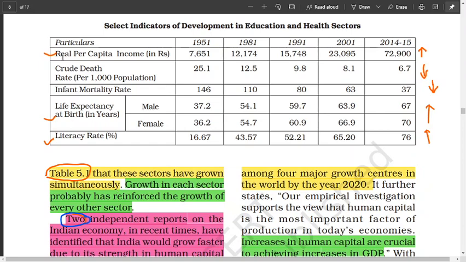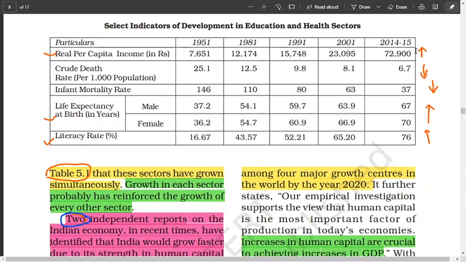You look at the first, second row, the real per capita income. This is about growth of the country. We have seen from 1951 to 2014 there has been a continuous growth in our level of earning. That's good. That's about development.